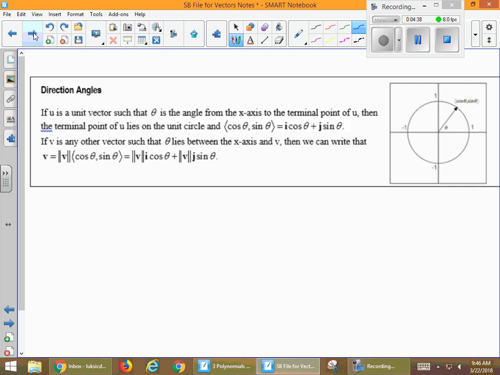And if we are given just an angle and a magnitude, we can make a vector out of that using this. Our vector is going to be the magnitude times cosine of theta, sine of theta. And you can do that in component form, and you can do that in the i and j form as well.